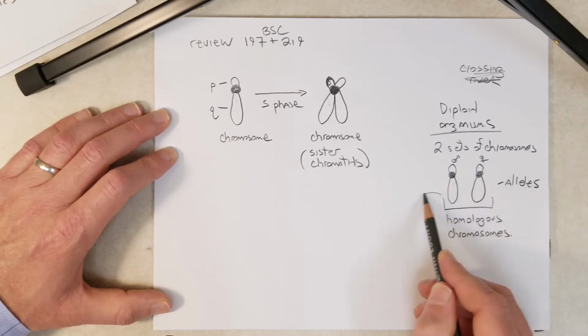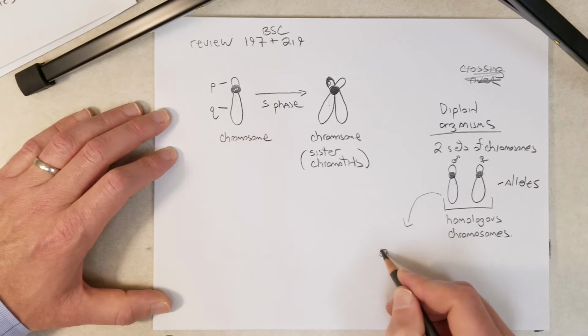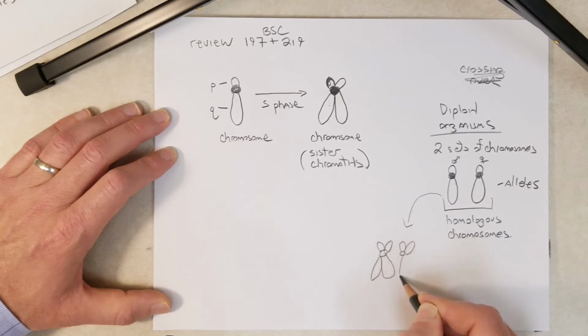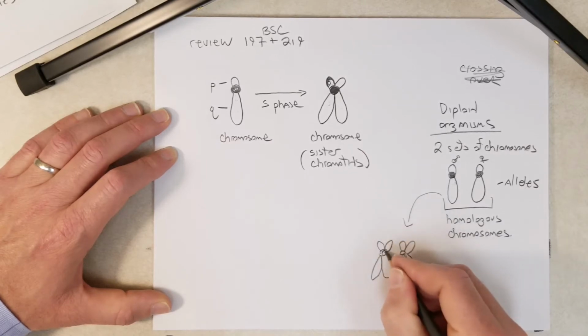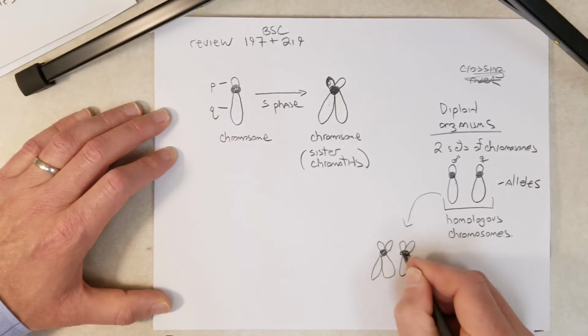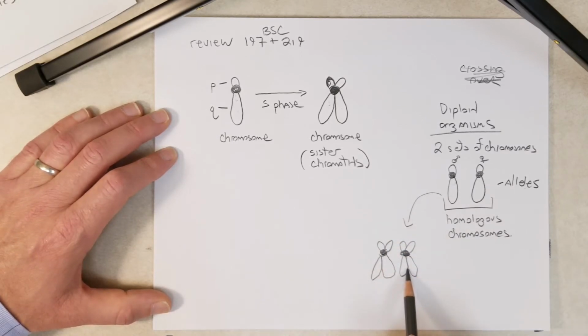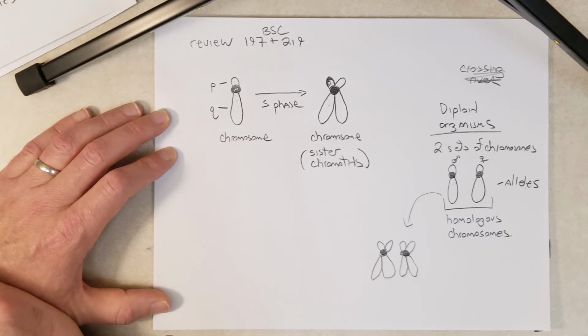Now, okay, so if these should go through S phase, well, they'll look something like this. And here we have two chromosomes. They're the homologous chromosomes, and each chromosome has a pair of sister chromatids.